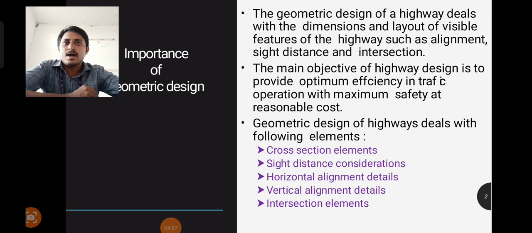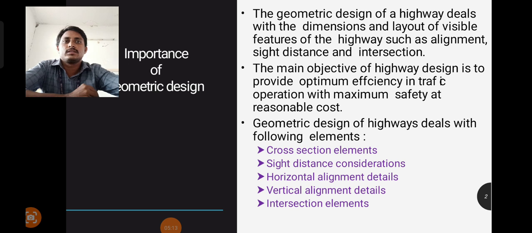These five are the topics or subtopics in geometrical design of highways. In this session I am going to discuss one of the subtopics, that is highway cross-sectional elements.